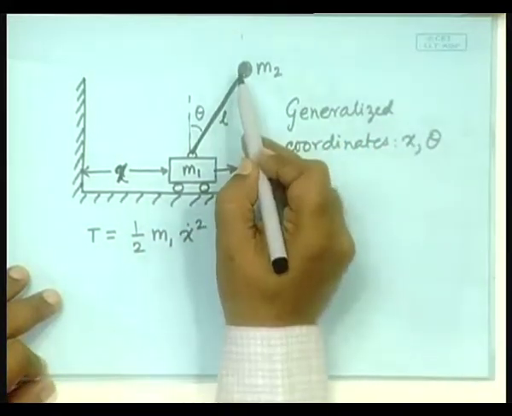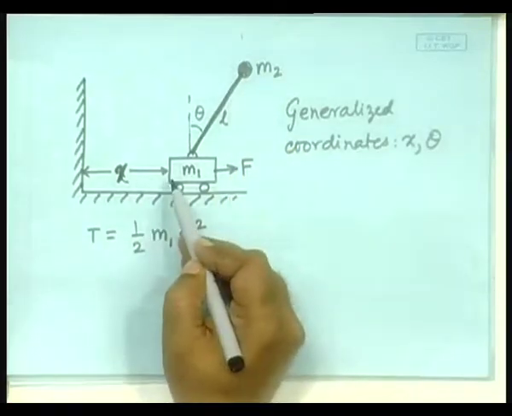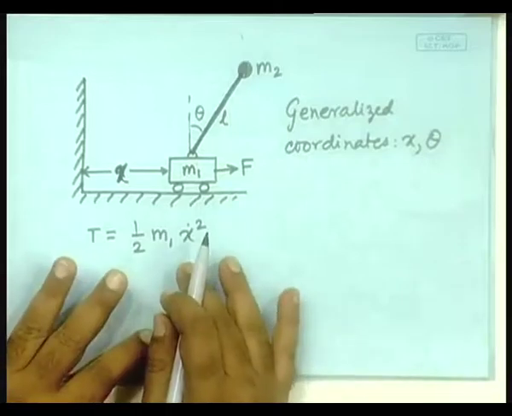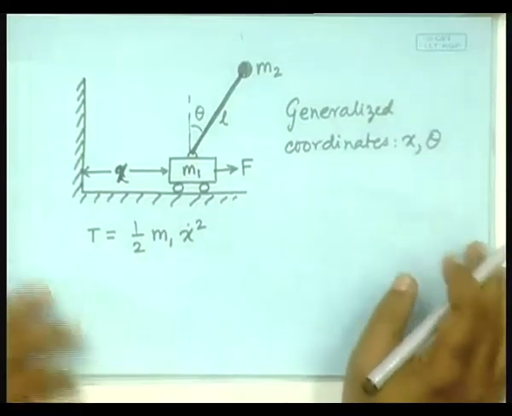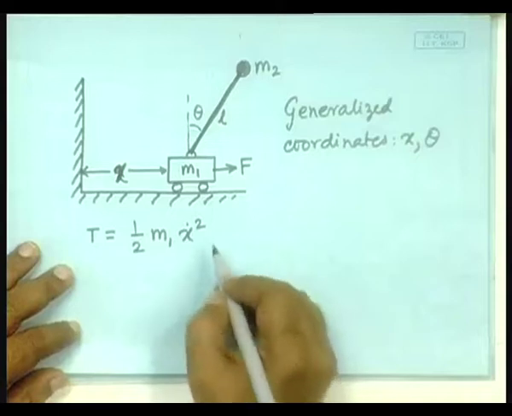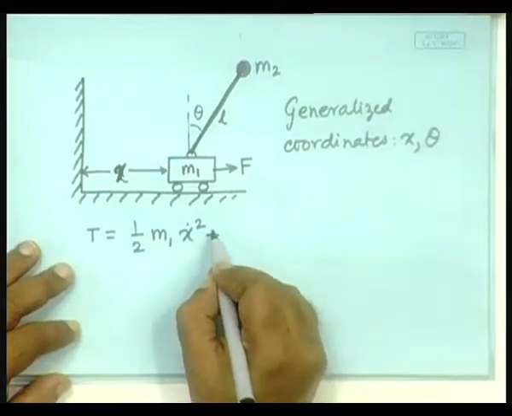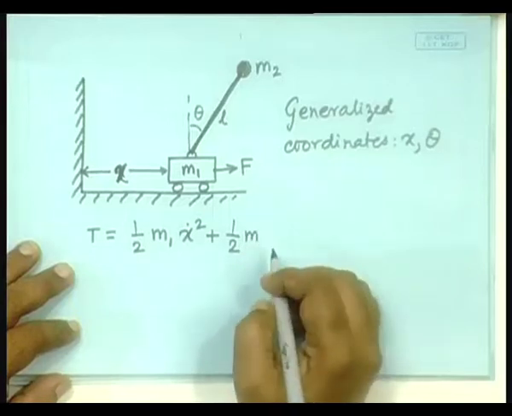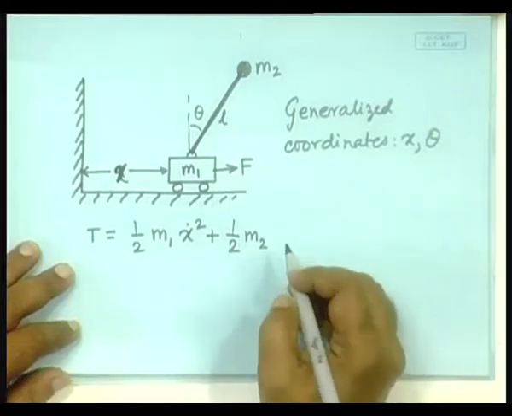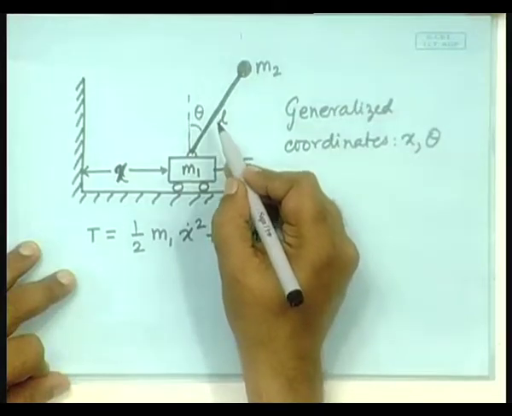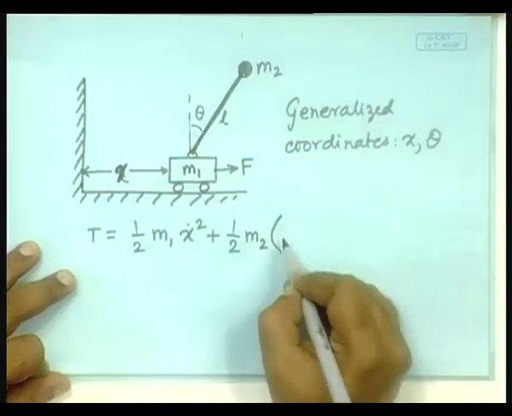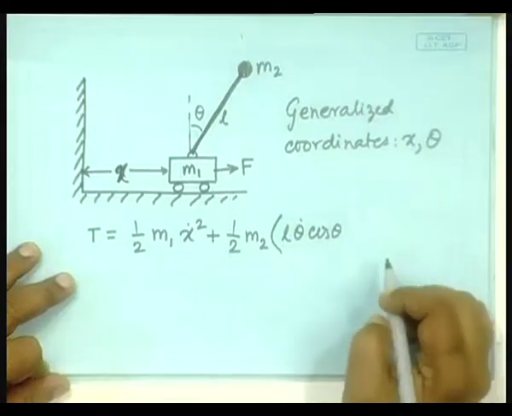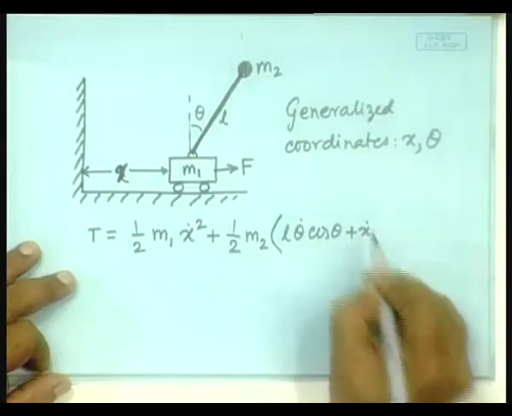The horizontal component has this motion added to it. Simple. So, that way we can write down the T. Okay. So, what will it be? The horizontal component would be plus half m2 times (L theta dot cos theta plus x dot) squared, right.